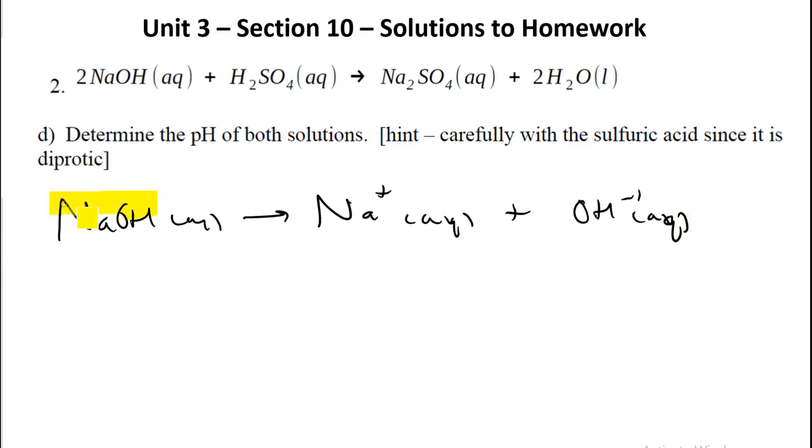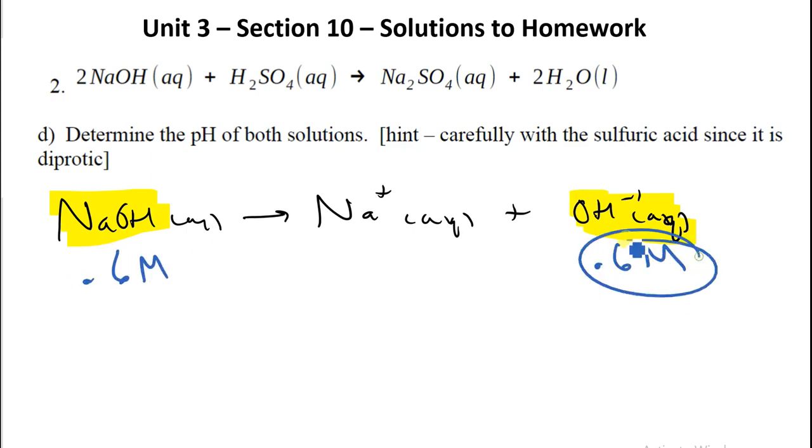So for every one of these, we have 1 of those, which means if our concentration is 0.6 molar for that, it's also 0.6 molar for that. So we will in fact be taking the negative log of 0.6 here. And when you do that, you should get an answer of 0.22.